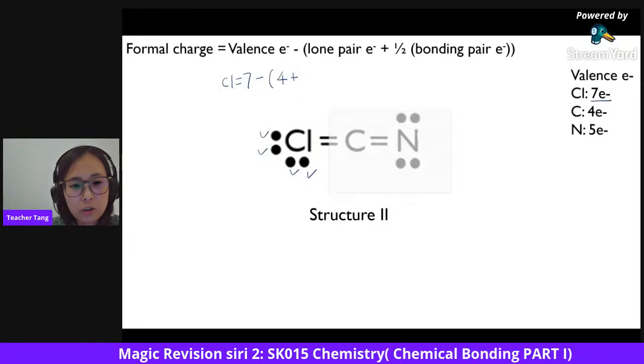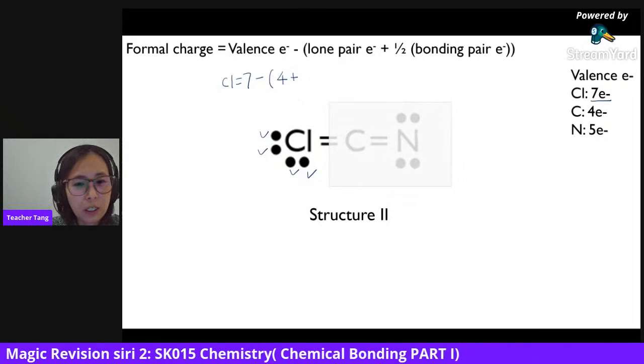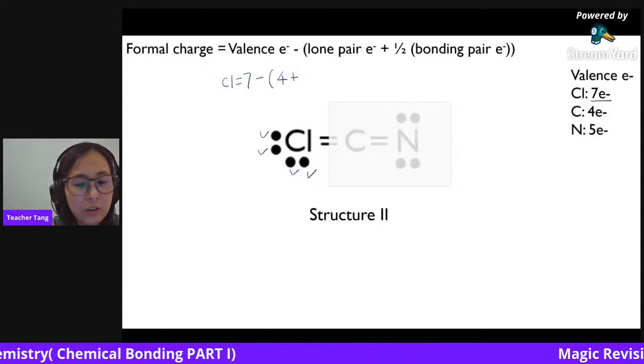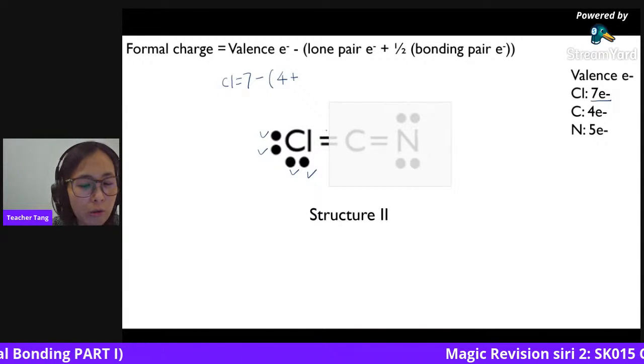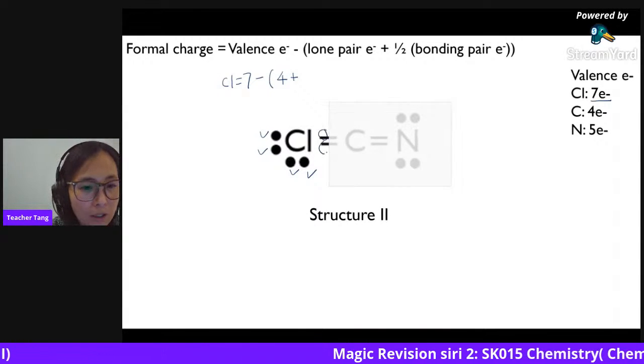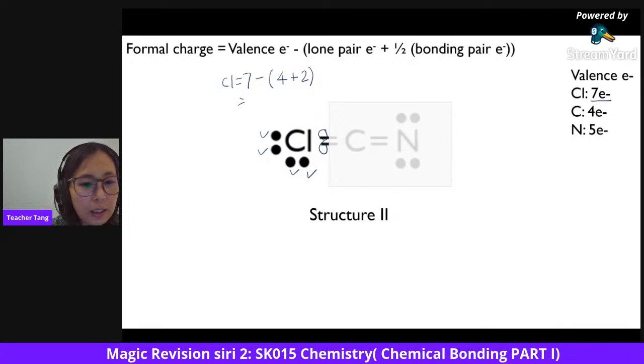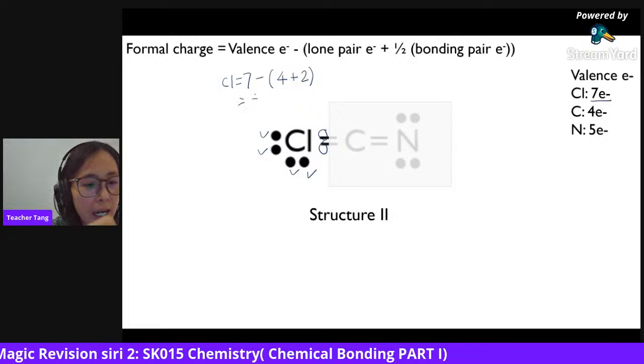You can cover half of the bonding pair electrons and then count how many electrons belong to chlorine. 1, 2. So only 2 belong to chlorine. So the chlorine here has a formal charge of +1.